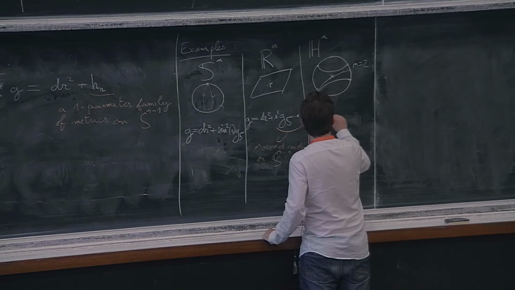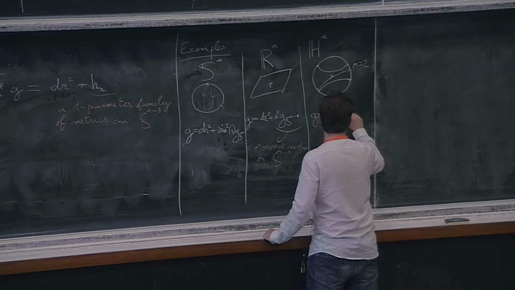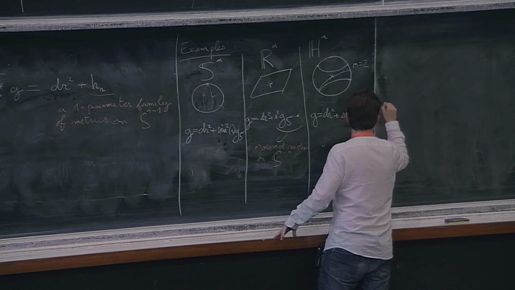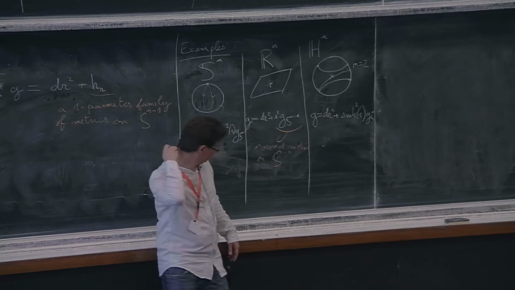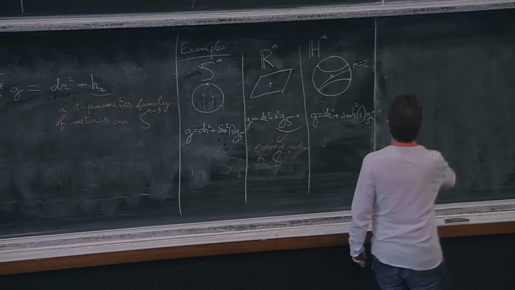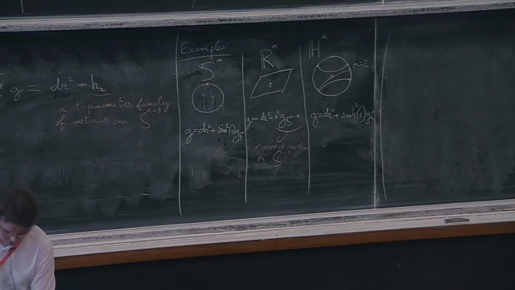So it has that interpretation: hyperbolic sine squared of r times g_(S^(n-1)). Okay. So, do I need anything else from that? Not yet, I think.